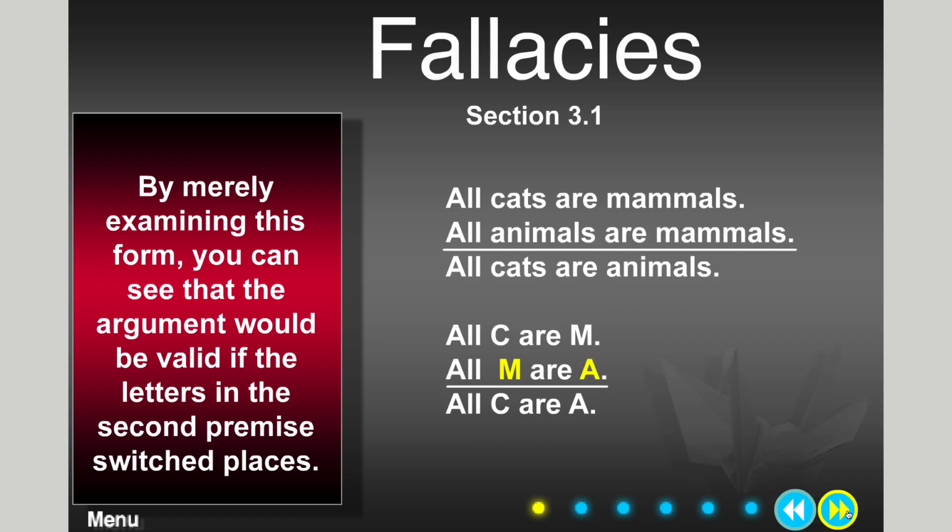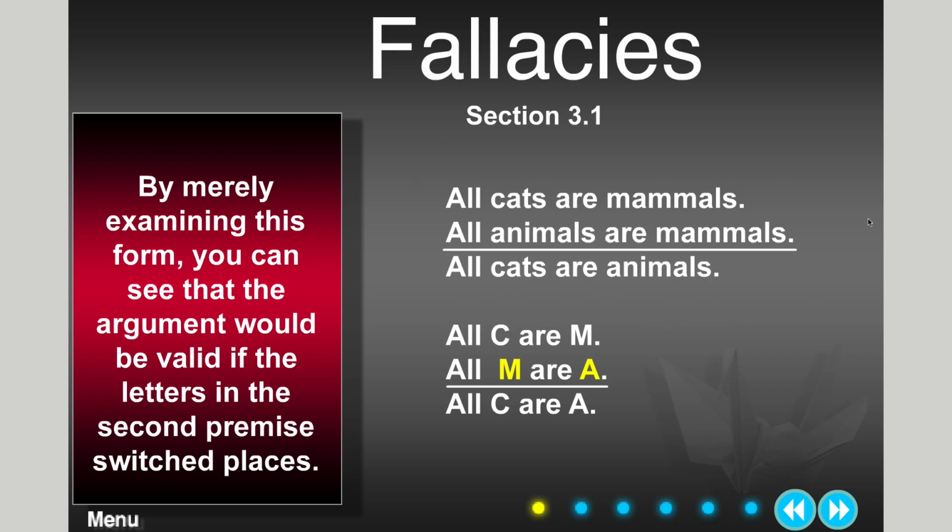But because you don't have, in the original, that cross that you look for. In a categorical syllogism, for the most part, when you get that crossover, then generally, again I say in general, you're going to have a valid argument form.